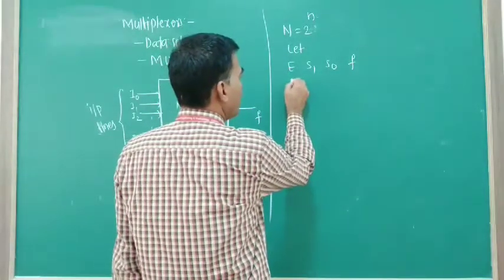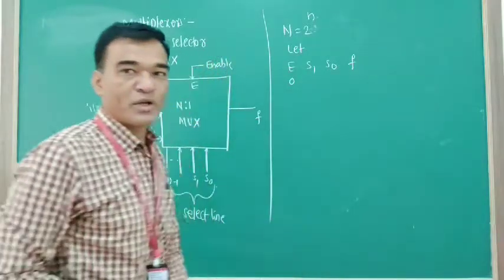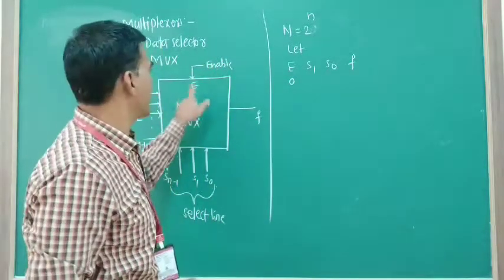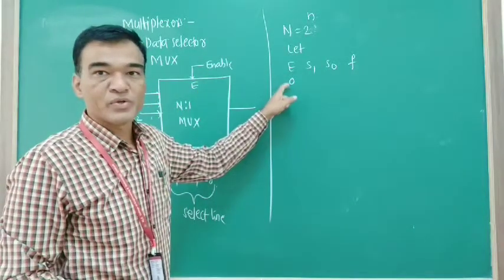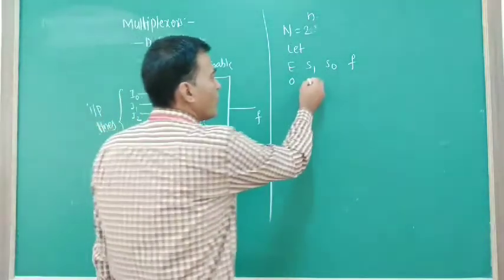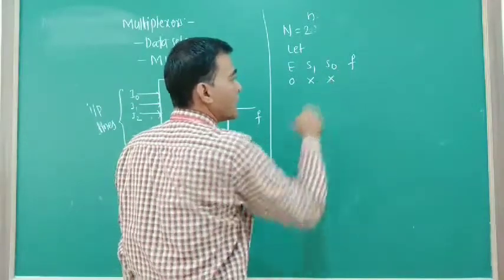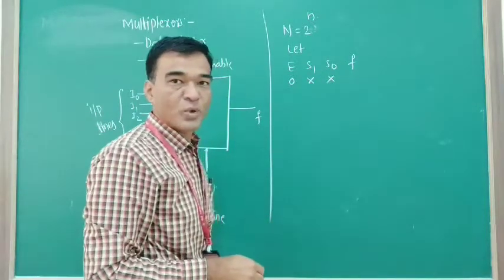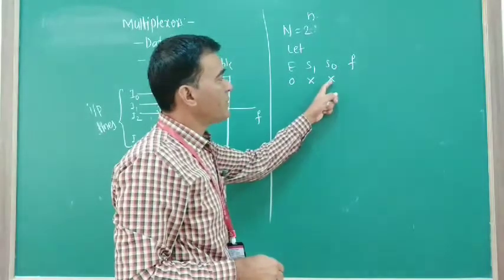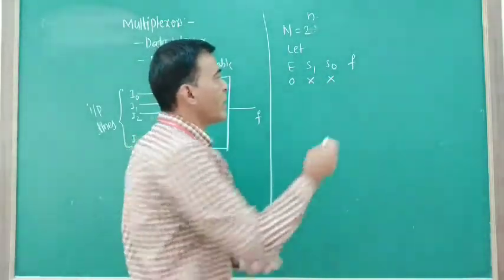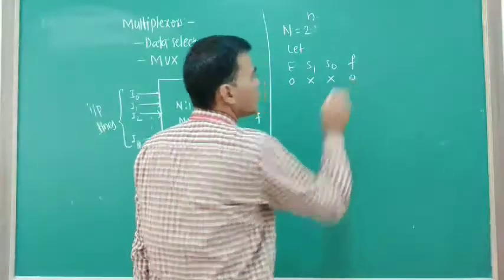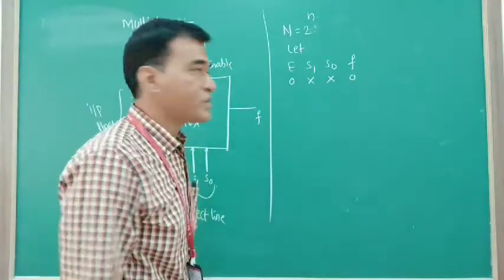When enable is 0, it is not active, because it is connected to E, so when I give a low signal it is inactive. When enable is inactive, whatever the values of S0 and S1, the cross indicates don't care, they may be 0 or 1, the output will be 0.